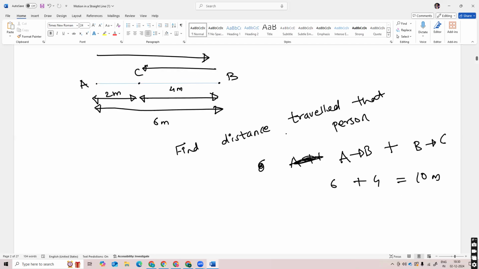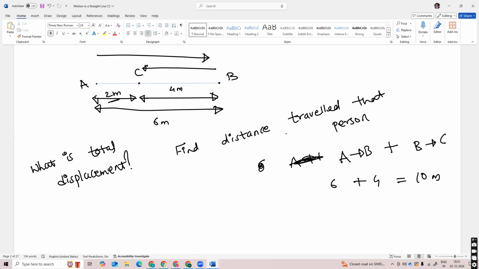But if we ask what is the total displacement of that person, then it is only 2 meter.